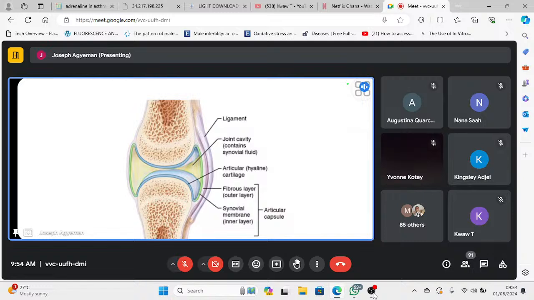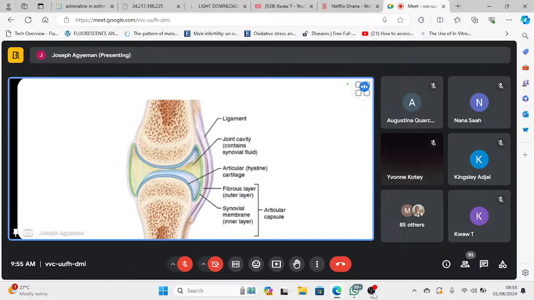And what normally happens is that the individual will lose the space in between the two. And with reduced cartilage or almost gone, the two bones are likely going to rub together beyond the extent of repair, and this results in chronic pain.